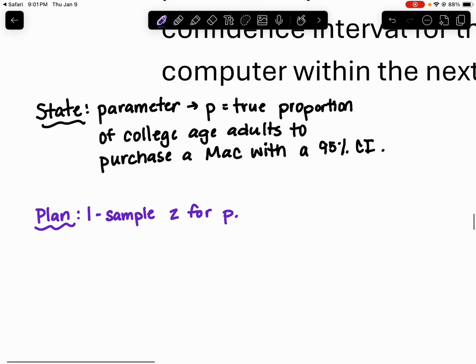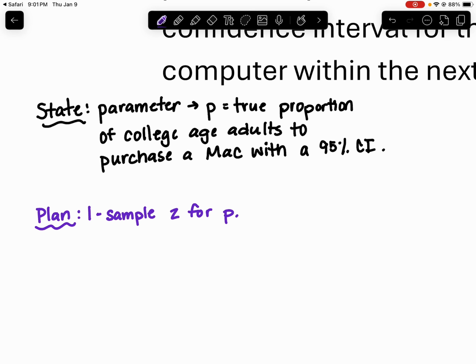So is this random? How did they choose them? It says a recent study asked a random sample. So is it random? Yes. They told us it was random.